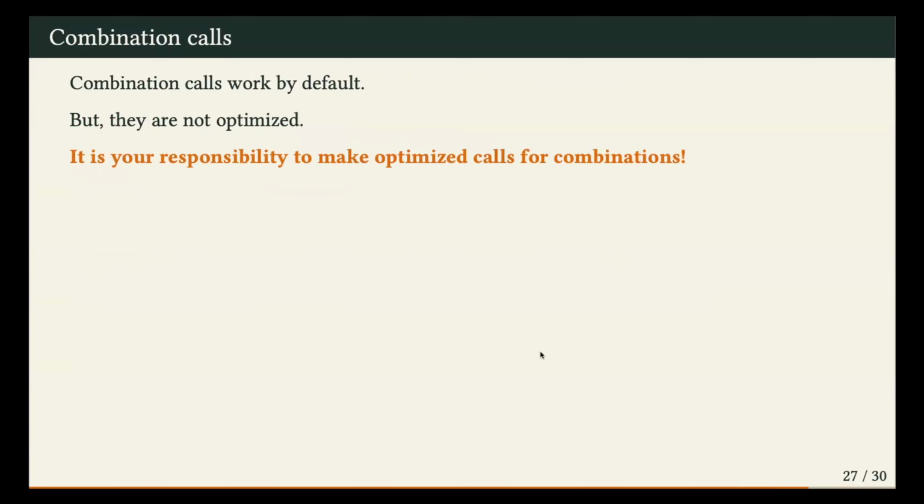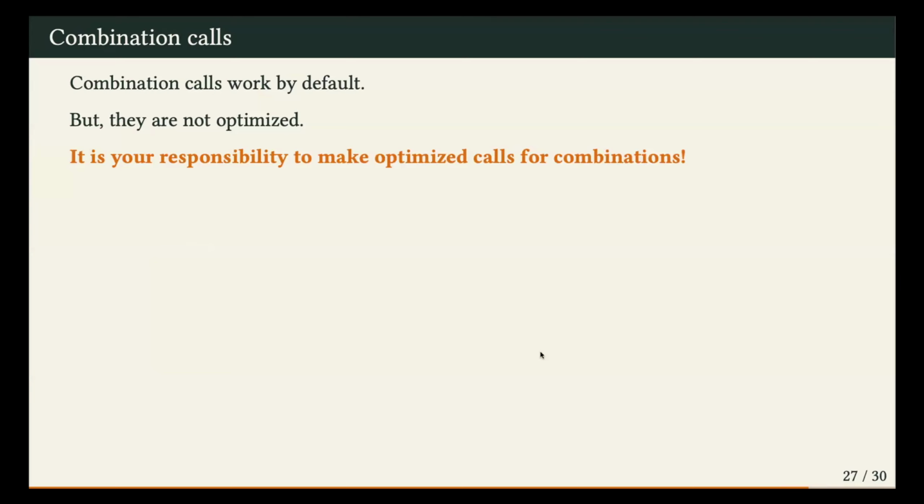And combination calls. They are a specific, general implementation for the combination call. It just calls energy calculation and force calculation and then the virial calculation if it is requested. So it is by default two different calculations.